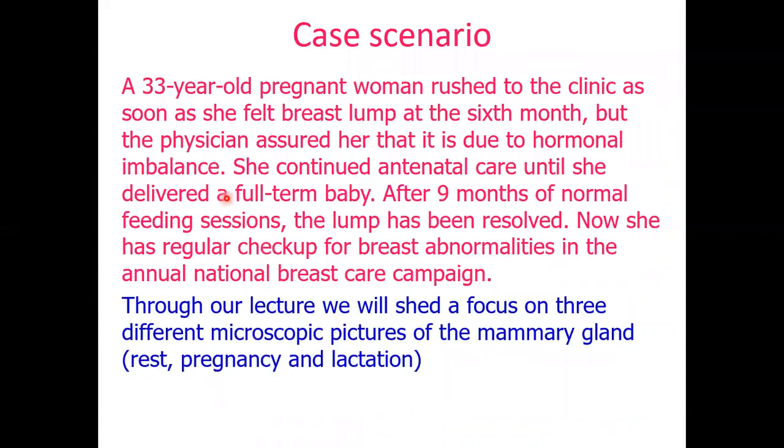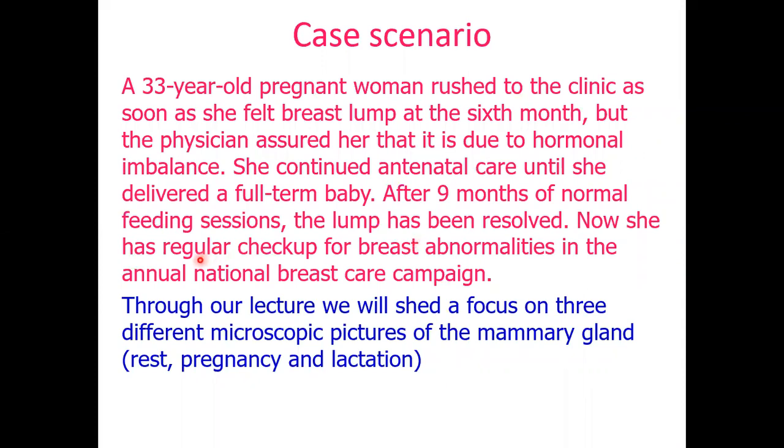Let's start. I will start with a case scenario. A 33-year-old pregnant woman rushed to the clinic as soon as she felt a breast lump at 6 months, but the physician assured her that it was due to hormonal imbalance. She continued antenatal care until she delivered a full-term baby. After 9 months of normal feeding sessions, the lump had resolved.